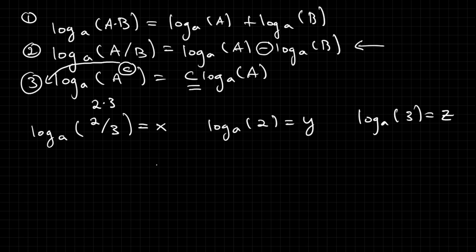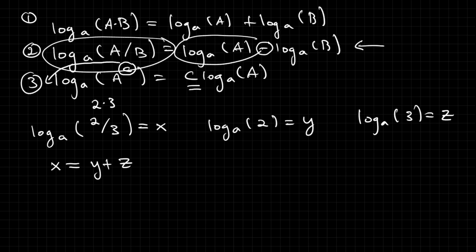And my goal right now is to convince you that x is equal to y plus z. Now the reason that this is my goal is because I'm trying to explain to you that rule number 2 here is true. Well, what does rule number 2 say? It says that this left-hand side is x, and this right-hand side is, oh, I guess that's not plus z, but minus z.